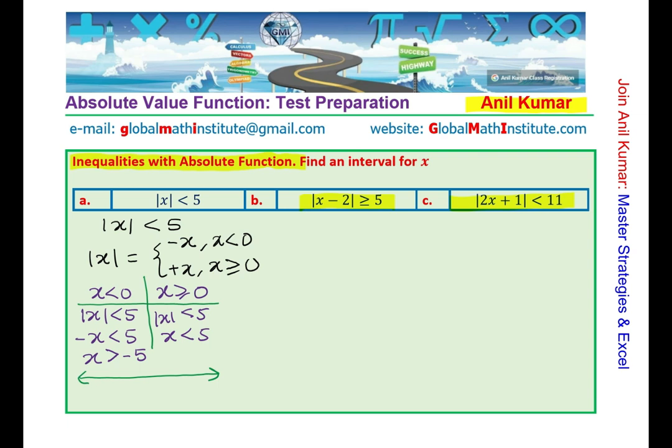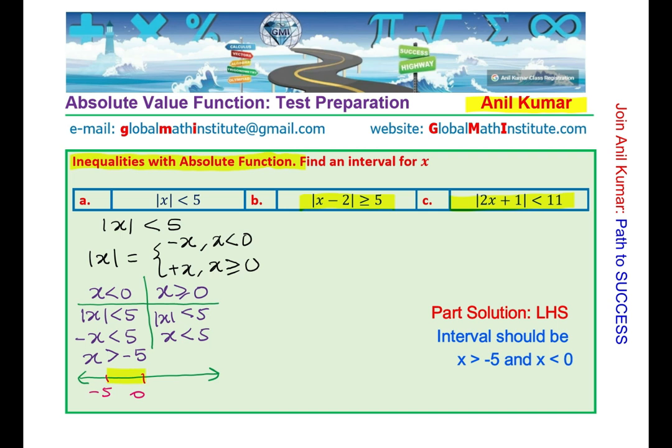Well, if this is 0, then when x is negative, the solution is x greater than minus 5. So from minus 5, it is greater than, so that means it is this, correct? So when x is negative, I mean less than 0, the interval which has a solution is from minus 5 to 0, right?